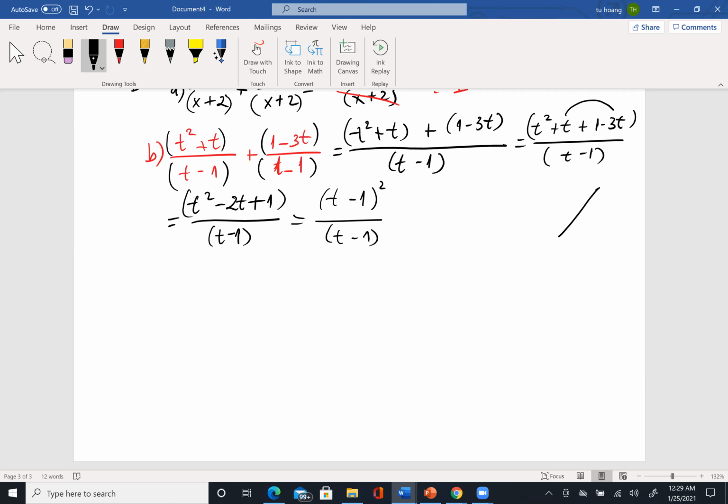The top is a times c, 1 times 1 is 1, and then the bottom is b equal to negative 2. So the two numbers are negative 1 and negative 1. And then it's going to be t minus 1 times t minus 1, which is t minus 1 squared. So you're going to cancel the common factor, and you're going to have t minus 1 as the answer.